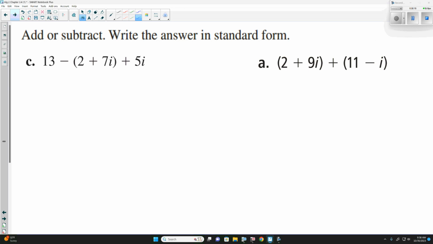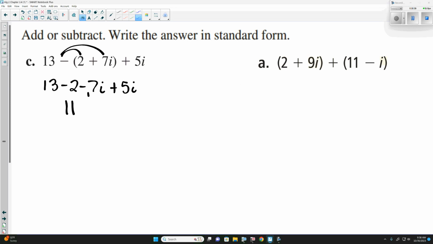13 minus quantity 2 plus 7i in quantity plus 5i. So we have 13 minus 2 minus 7i plus 5i. 13 minus 2 is 11.